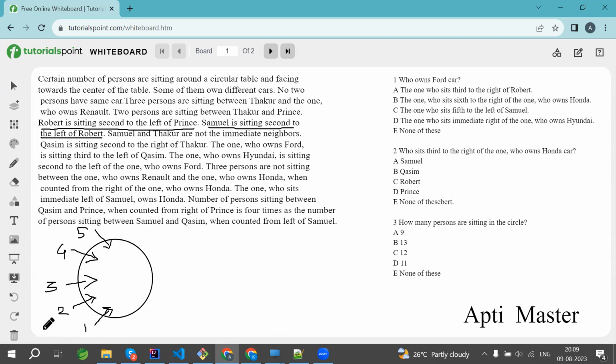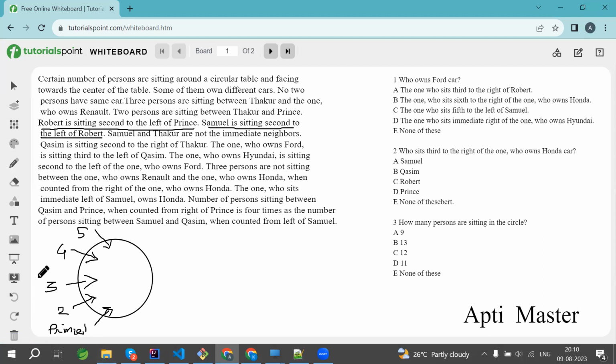Suppose this is Prince, and Robert is second to the left of Prince.